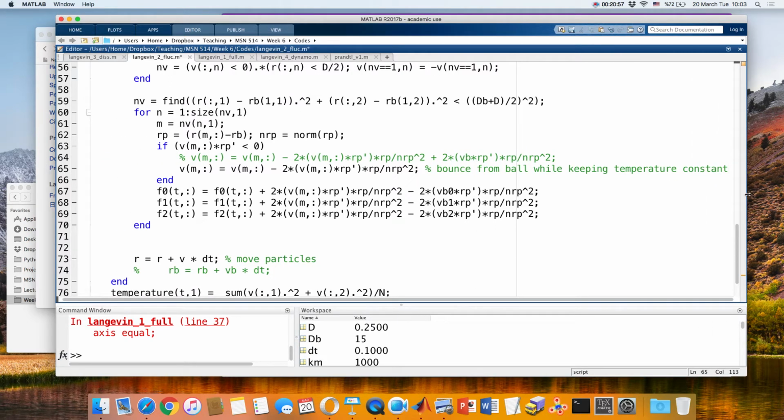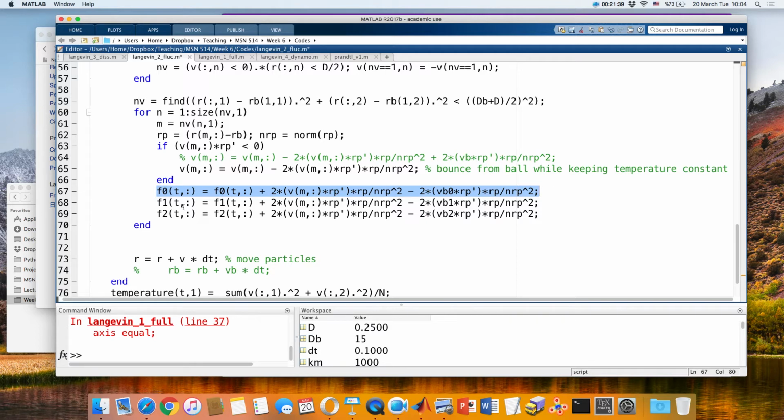We made a mistake, and that mistake led us to an isothermal process. We didn't account for the velocity of the wall. Now we don't account for the velocity of the ball, and this term comes out. We are doing it intentionally because we want the temperature to remain the same. And here we record the forces, the kicks that the ball would get if it was moving with 0 velocity, with 0.1 or 0.2.